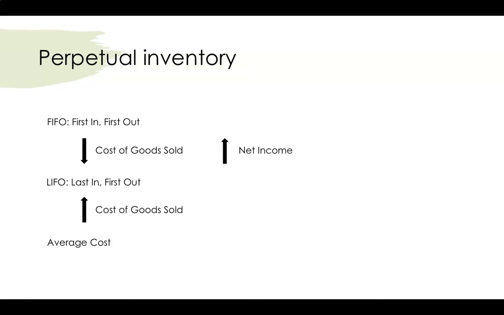LIFO is going to have a higher cost of goods sold, which off the bat might seem bad because we're going to have a lower income amount. But if we have lower income, that means that there's lower taxes, right? So those are going to be the difference between FIFO and LIFO. And then average cost is just going to be in between FIFO and LIFO.